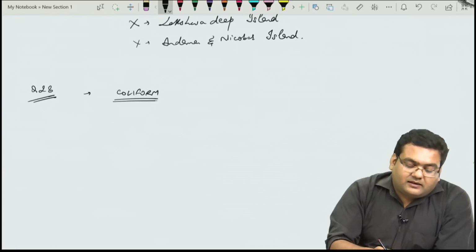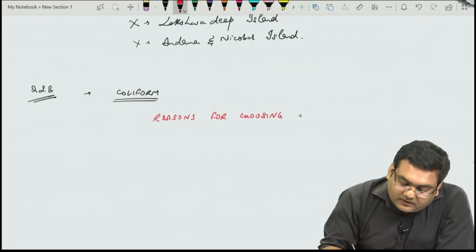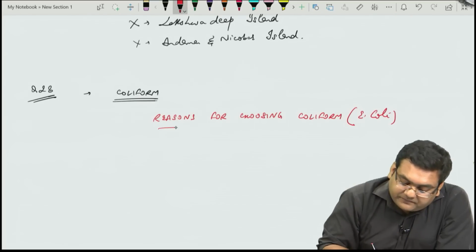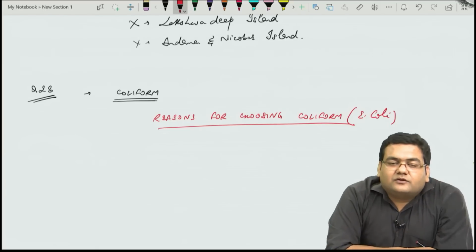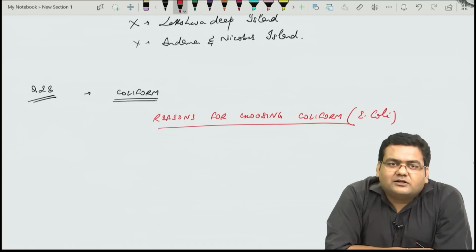Now, what are the reasons for choosing coliform, or we can say E. coli, as an indicator for fecal contamination of water?